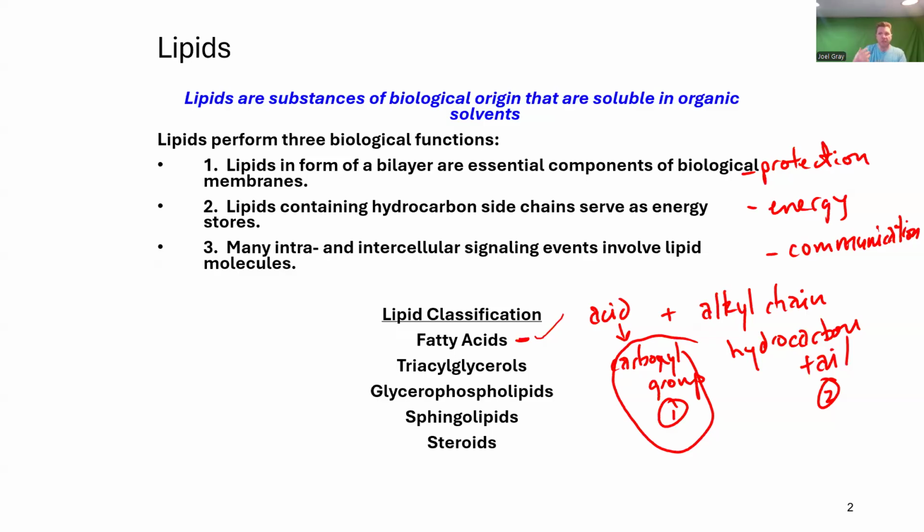Now, we got to how these can all be involved in protection. Think about your glycerophospholipids and sphingolipids as being major parts of membranes, so they're for the cell's protection. Triacylglycerols and fatty acids are going to be used for energy. And then glycerophospholipids, sphingolipids, and cerebrosides can be used in communication. All right, that should summarize the first four functions of lipids.